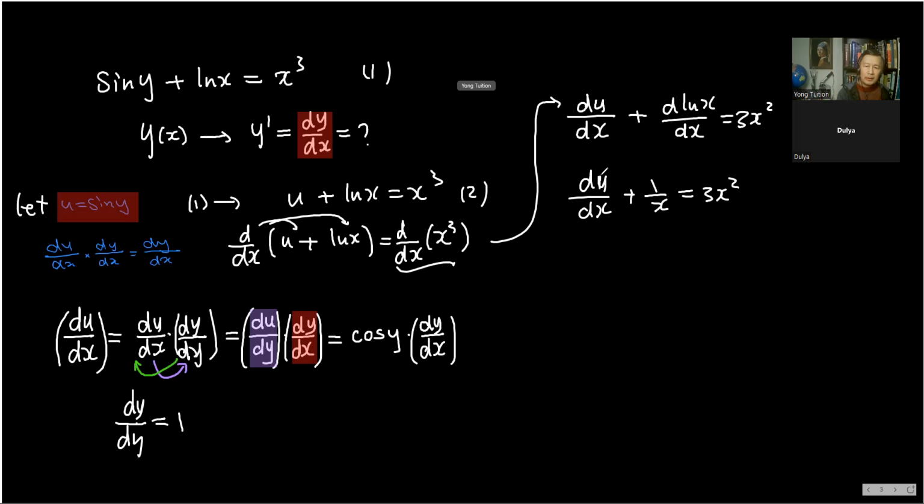In this way, we found the formula for du/dx, but we are looking for dy/dx. What can we do? Do we know dy/du? Yes, cos y. So that's times du/dx. Do we know du/dx?